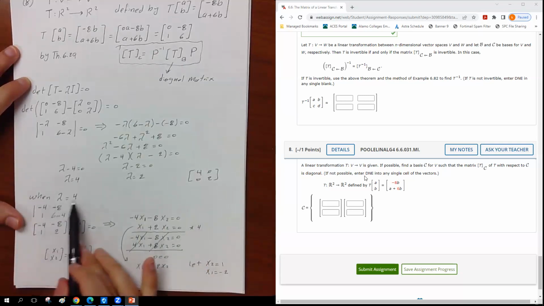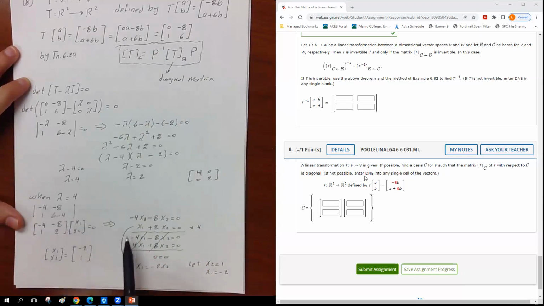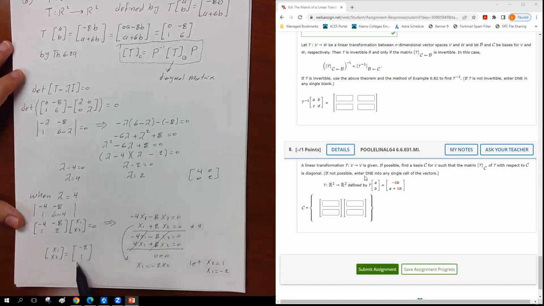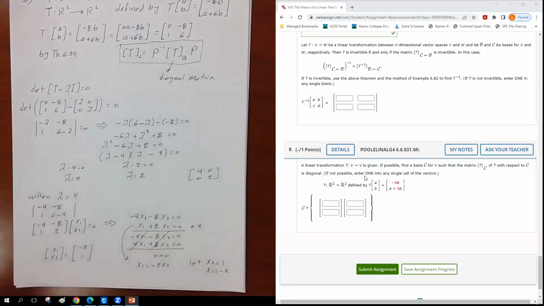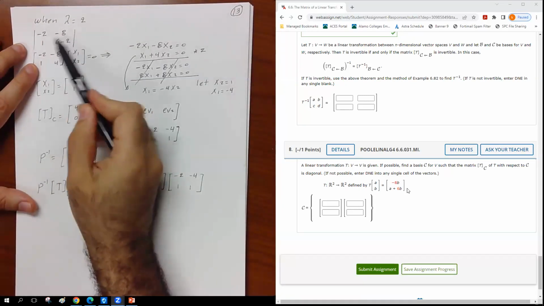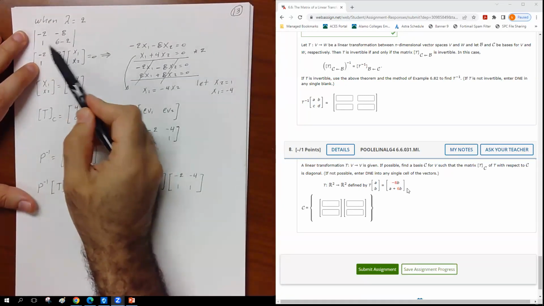So when lambda equals 4, plug in 4, and we're going to get the eigenvectors. Solve the system. So the eigenvector x1, x2 equals negative 2 and 1. This is the first column of the matrix P. Now, when lambda equals 2, plug in 2, so it's going to be -2, -8, 1, 6 minus 2.